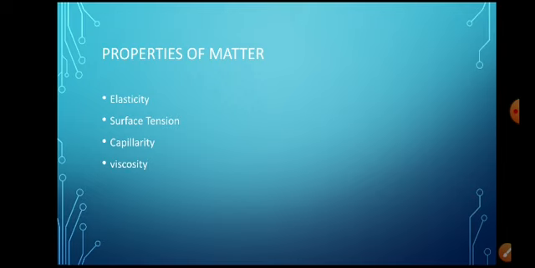Observe these windows. Here we have a metal frame that is made up of iron. We can use wood also, and glass plates are fixed in the metal frame. You are seeing the outside view.